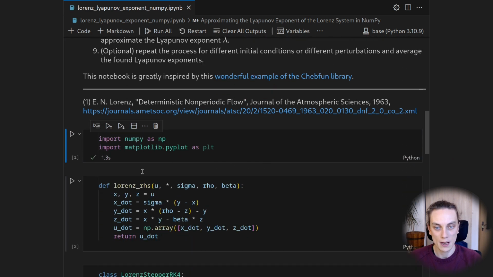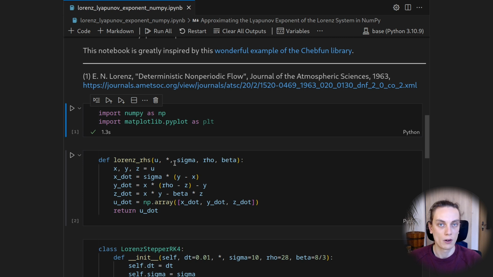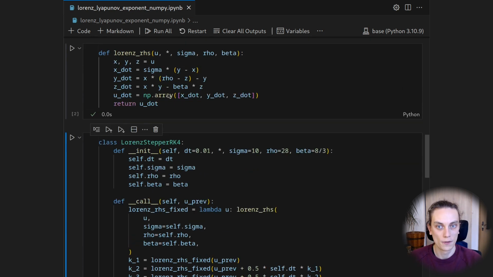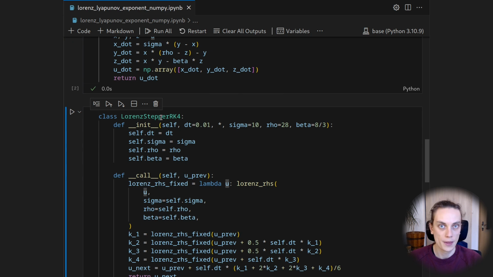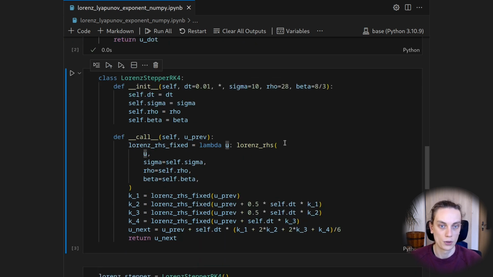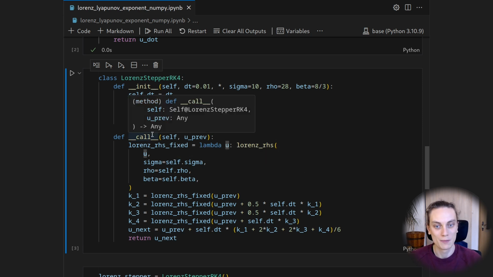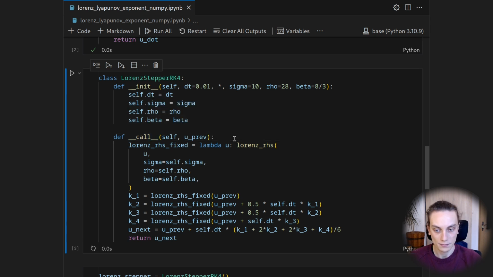So here I already have an import for NumPy and Matplotlib. We're going to reuse parts of the code that we did for the original RK4 simulator. For this, we first implemented the right-hand side of the ODE system, and then we implemented the RK4 simulator in the form of an autoregressive time stepper, with the call signature basically resolving one time step using an RK4 scheme.